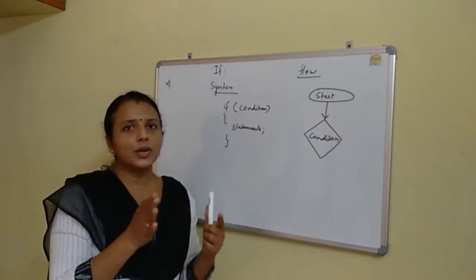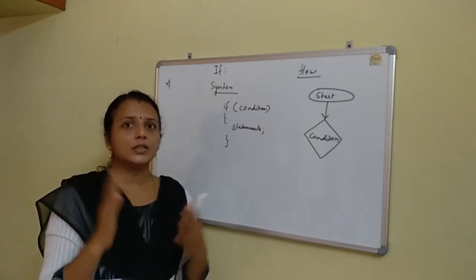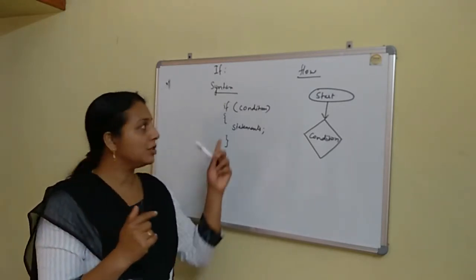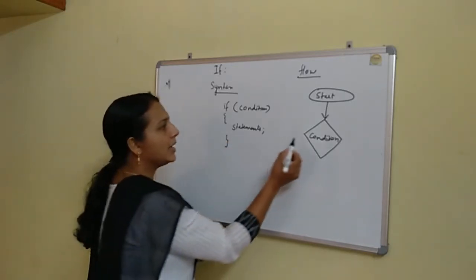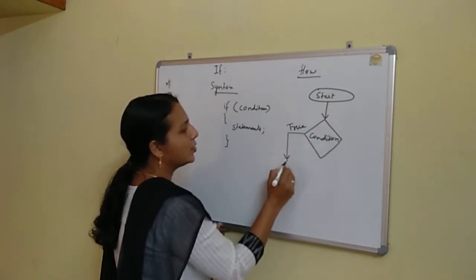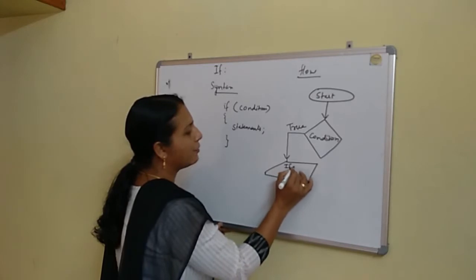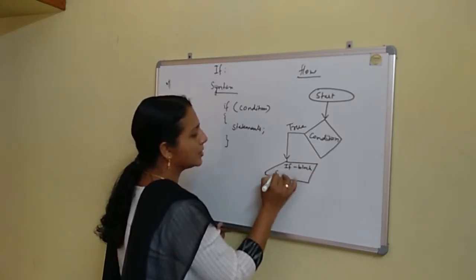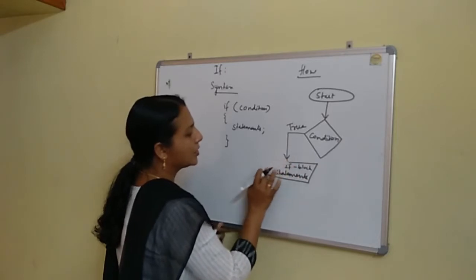If it is true, it is going to execute a certain set of statements. If it is false, it is not going to execute the statements present within these curly brackets. Suppose this condition is true, so it is going to execute the if block statements.